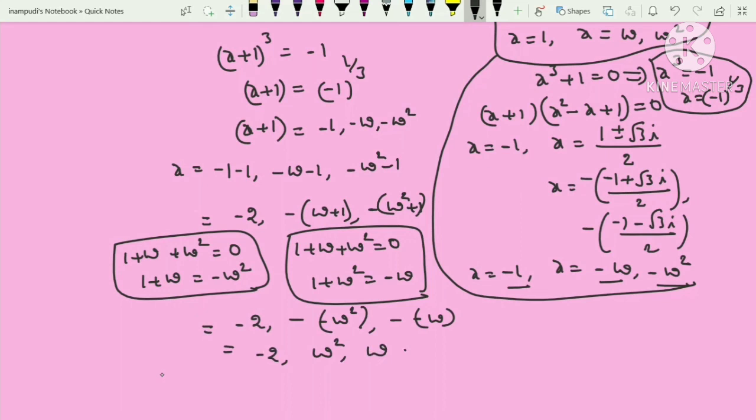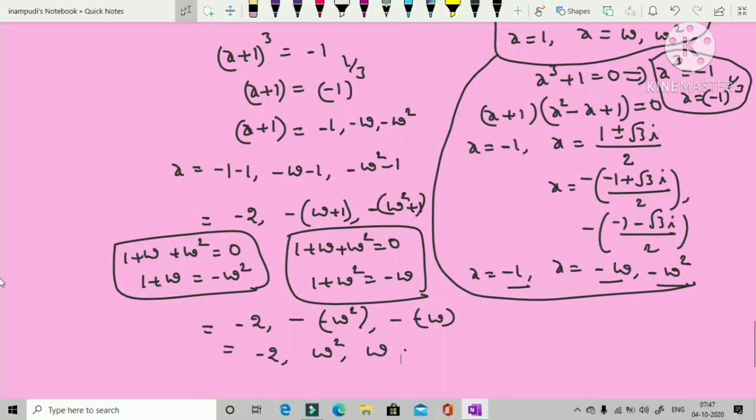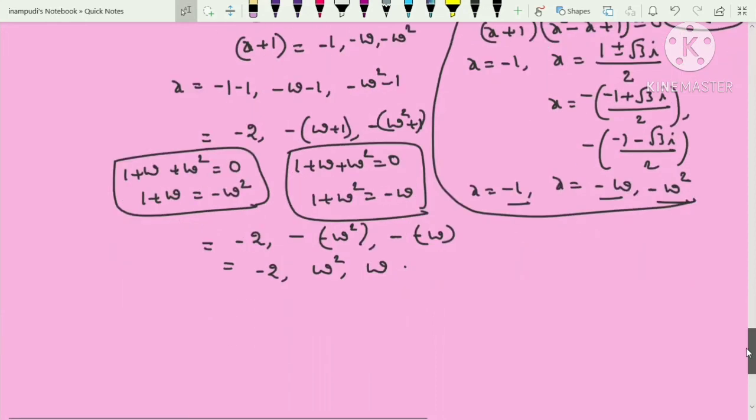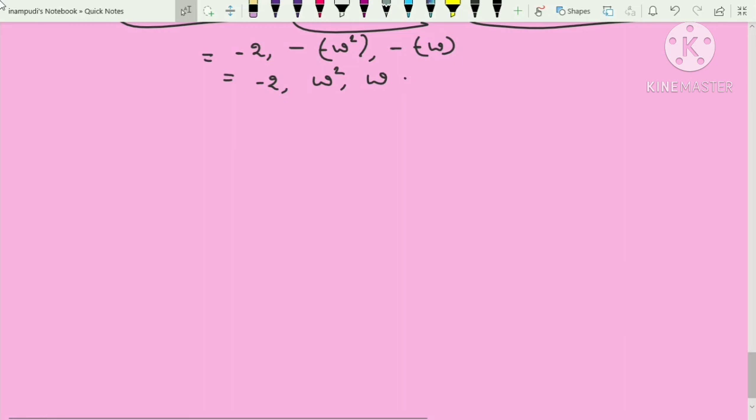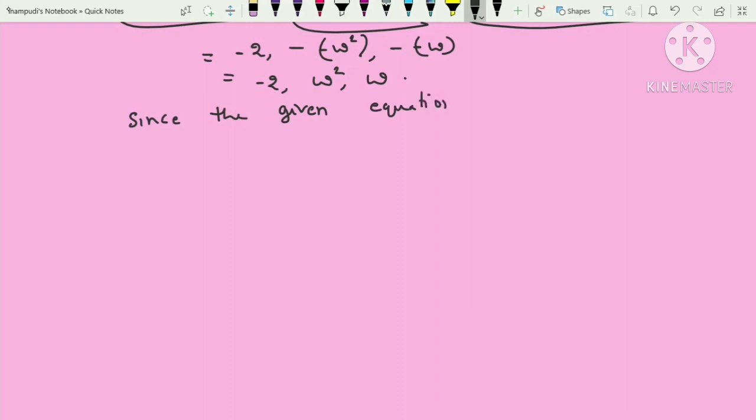Since the given equations have two common roots, and omega and omega square are conjugate to each other, therefore omega and omega square are the common roots.